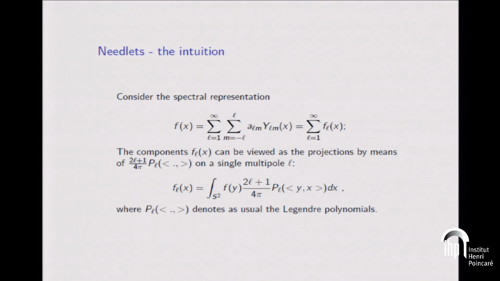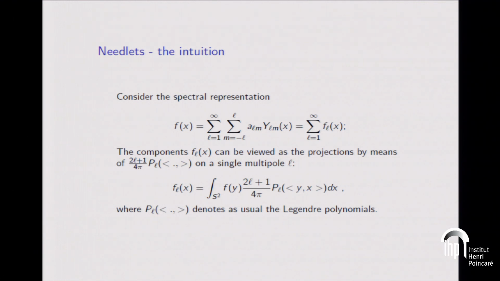So what are needlets? Skipping quite a bit of details, the story in the end is very simple. Everybody here, and for sure everybody that has ever seen a CMB paper, knows the first equation. You have f(x), a random field on the sphere.